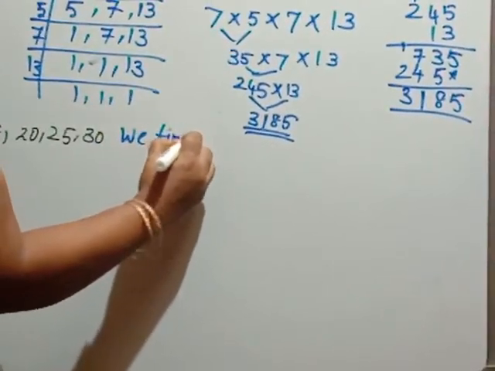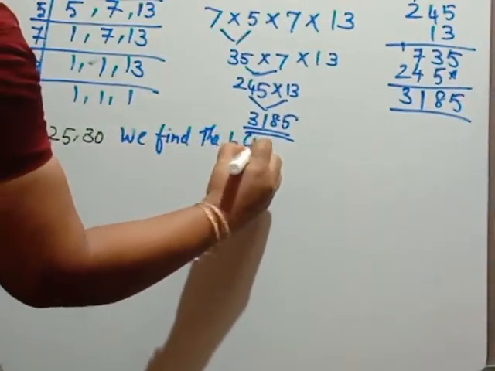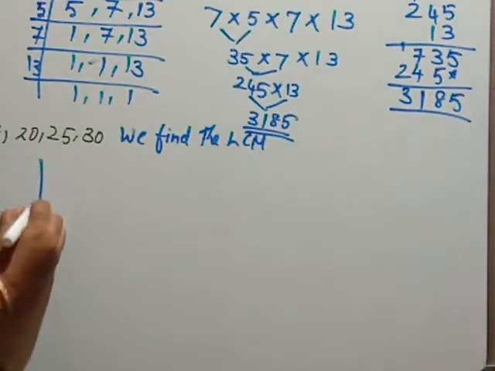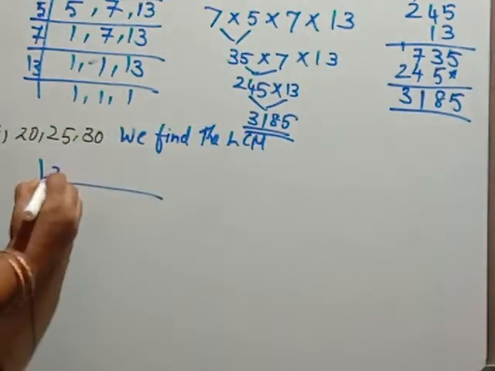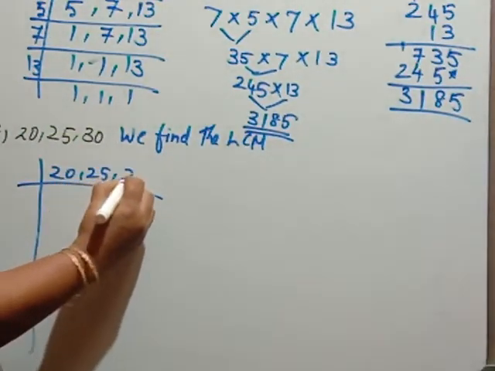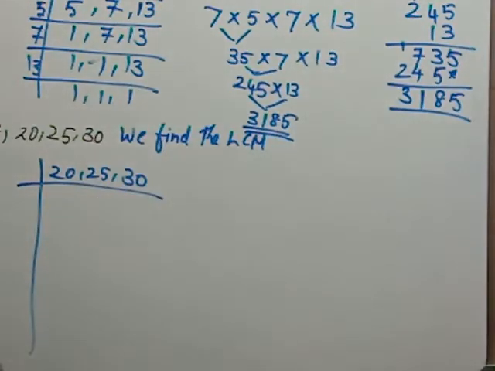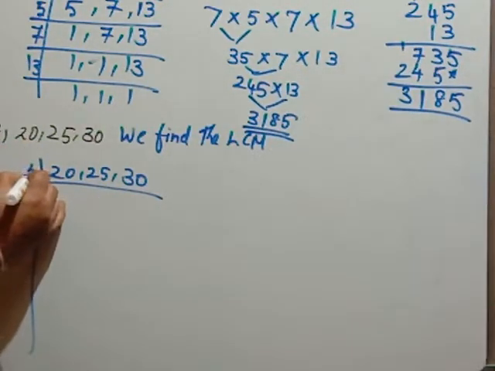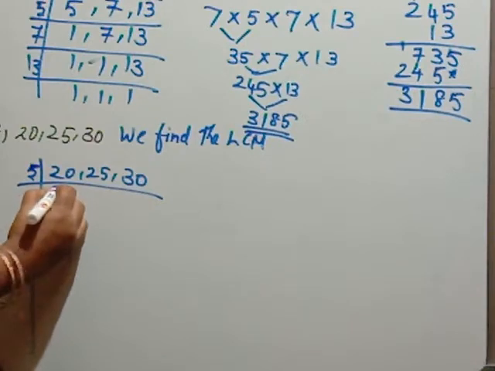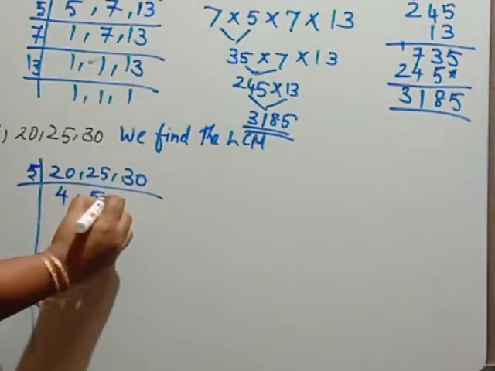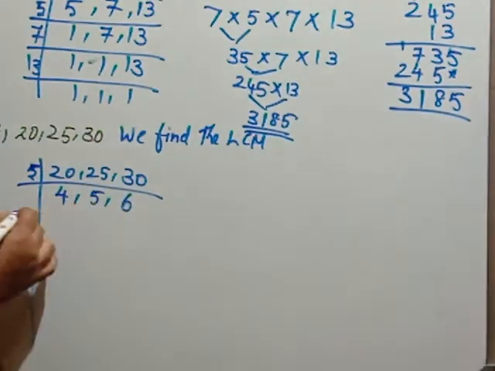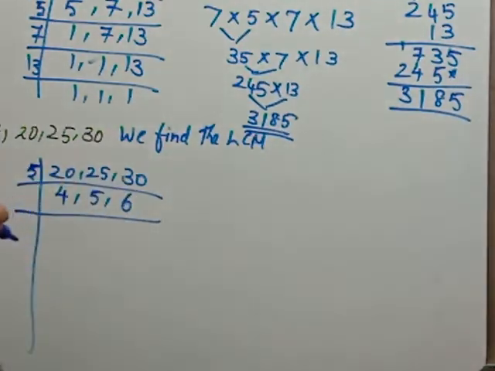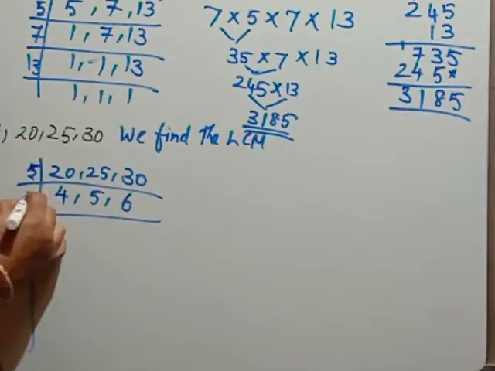We find the LCM of 20, 25, 30. All these three numbers are divisible by 5. So we'll take 5. 4 5s are 20, 5 5s are 25, 6 5s are 30. Out of these three numbers, two numbers can be divided by 2.